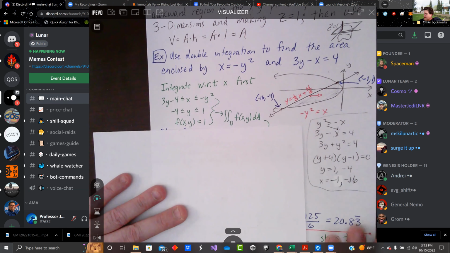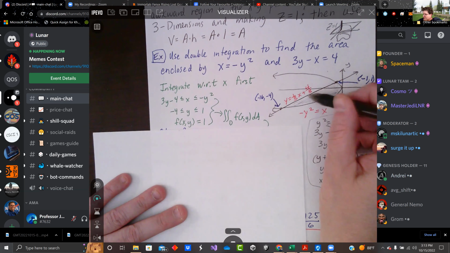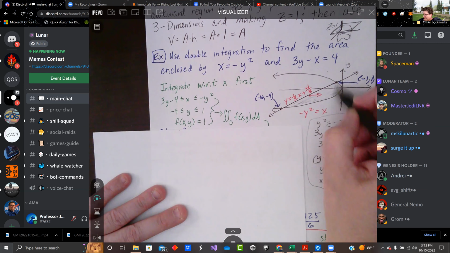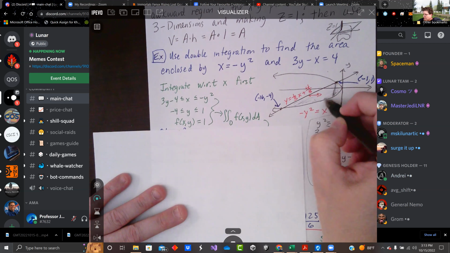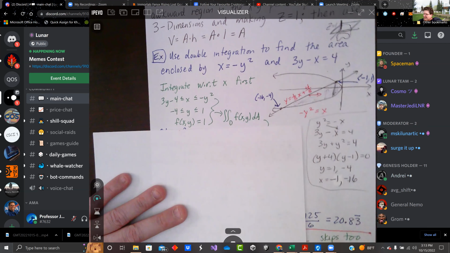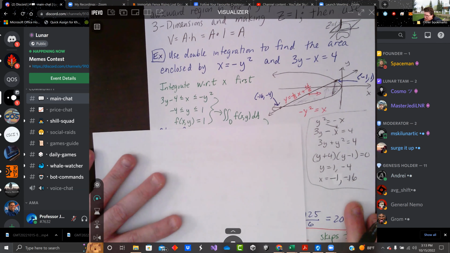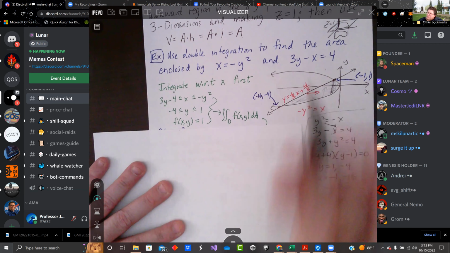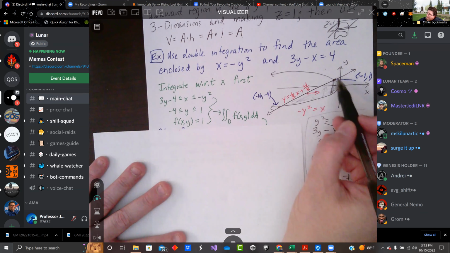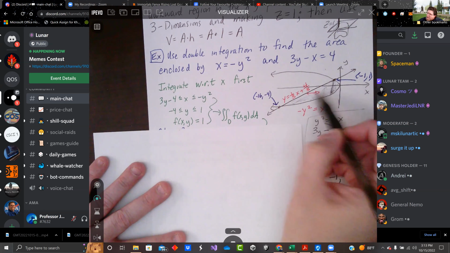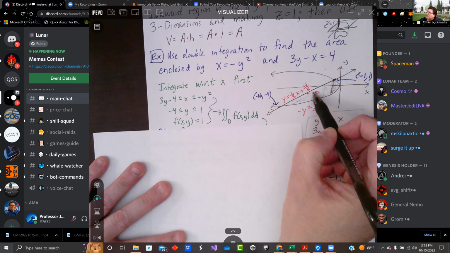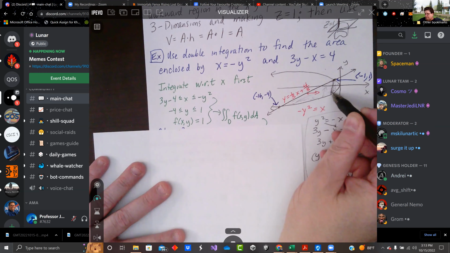It looks like going along x first, or integrating with respect to x first, is easier. If we do it along y, we've got two regions, region 1 and region 2, and I don't like that. So I wrote these. If we're doing x first, clearly from left to right, the lower boundary is 3y minus 4. The upper boundary is negative y squared.